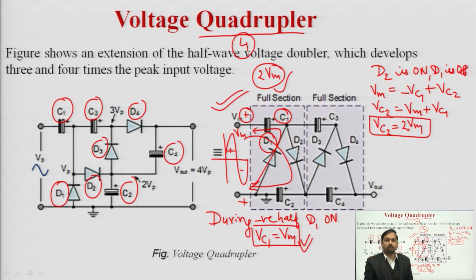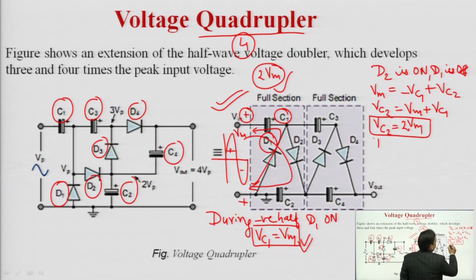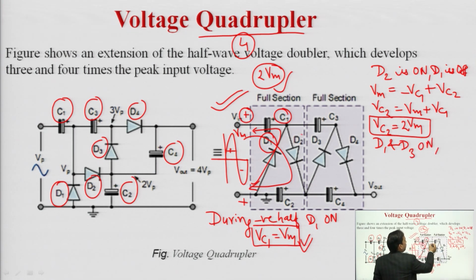Now, we need to proceed further for capacitor C3 and capacitor C4. Again, during the negative half cycle, diode D1 is on and diode D3 is on. So, D1 and D3 are on, and naturally diode D2 will be off.